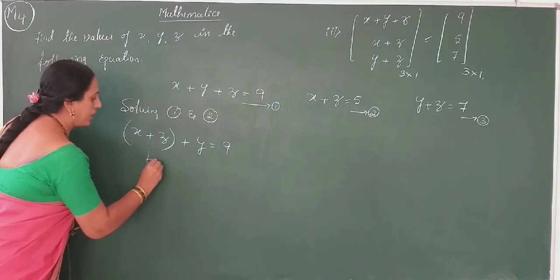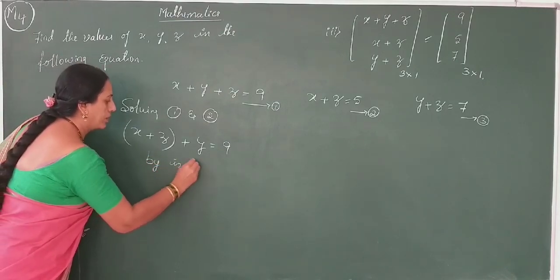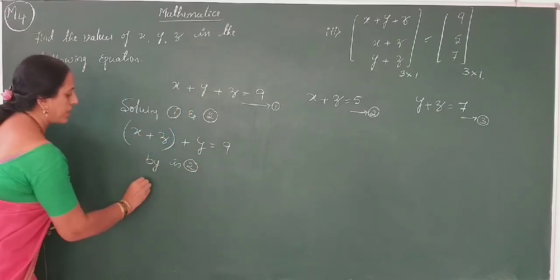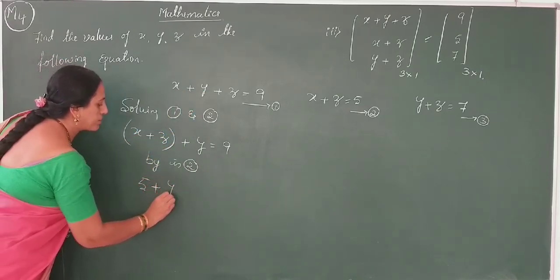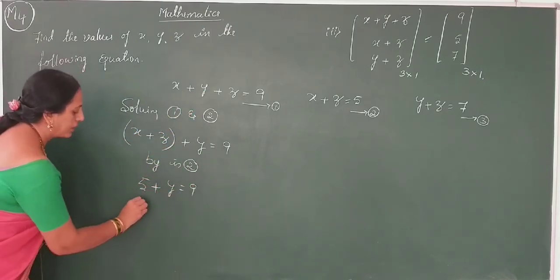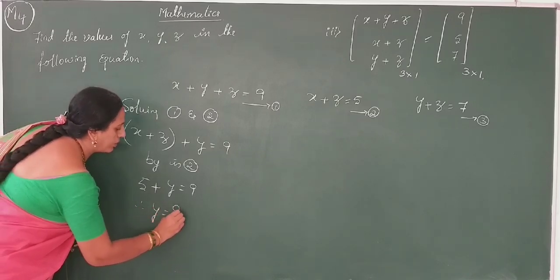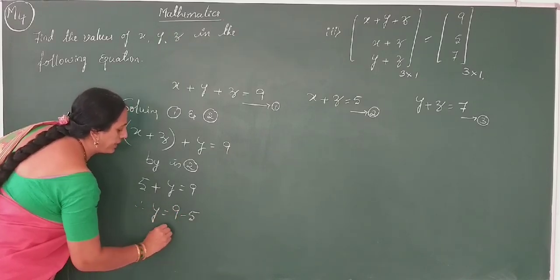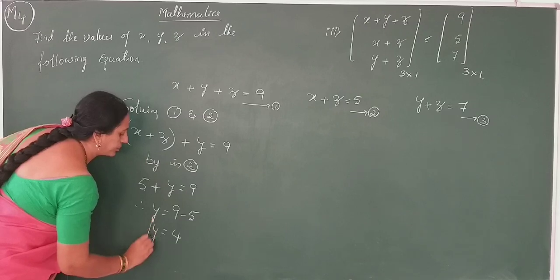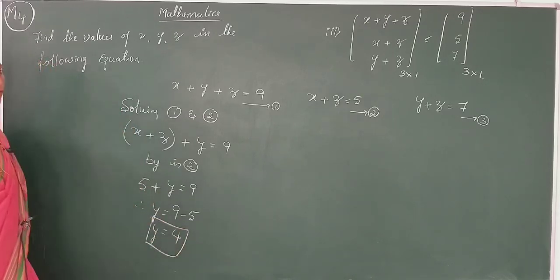So by using equation 2, x plus z is nothing but 5, plus y is equal to 9. Therefore y is equal to 9 minus 5, it's nothing but 4. That is the value of y.